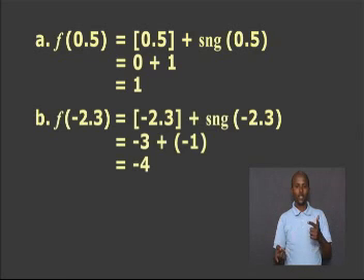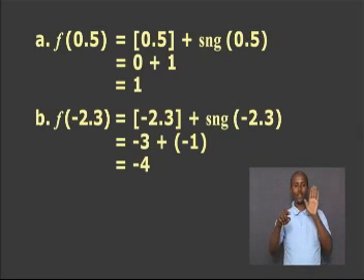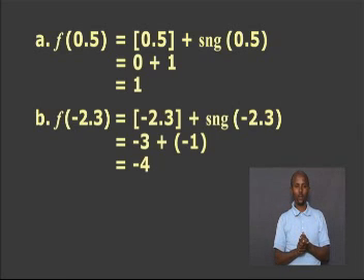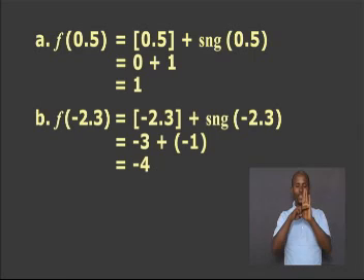The floor function of negative 2.3 equals negative 3. The signum function of negative 2.3 equals negative 1. Negative 1 plus negative 3 is negative 4.